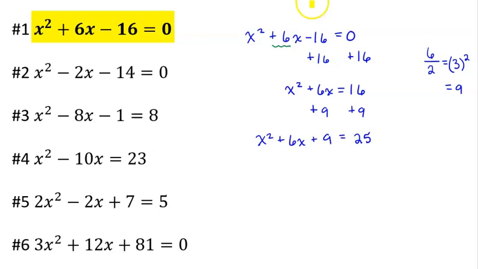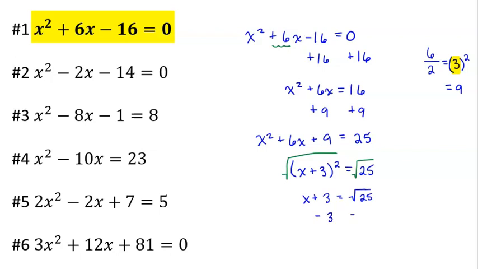From here, I'm going to do my shortcut. I have a positive 3 here. That means when I write this as a square, we have x plus 3 squared equals 25. I'm going to take the square root of both sides. X plus 3 equals the square root of 25. Isolate x.